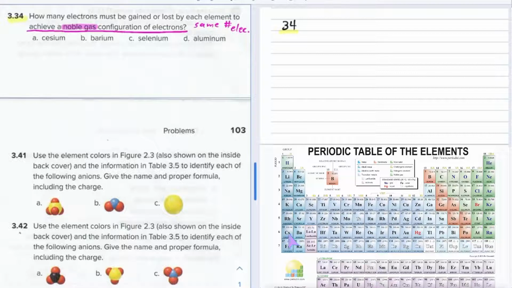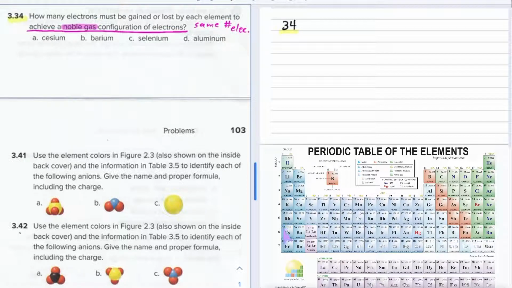Now which noble gas element is closest to cesium? Cesium's element 55. The next noble gas, if you proceed forward, you have to go 55, 56, and then drop down here, go through all these, and then go back up, 72, 73, all the way up to 86. That would be a lot of electrons to gain.